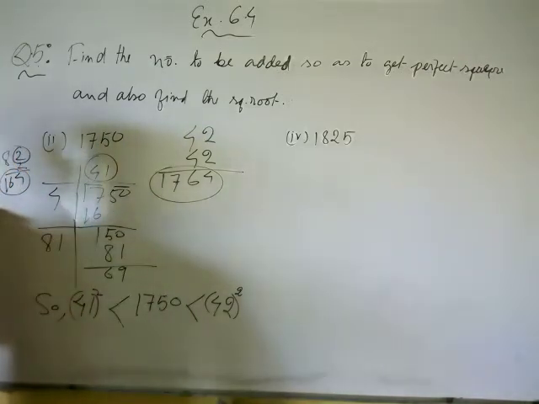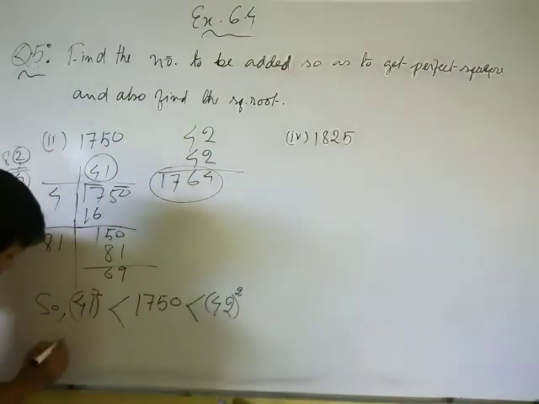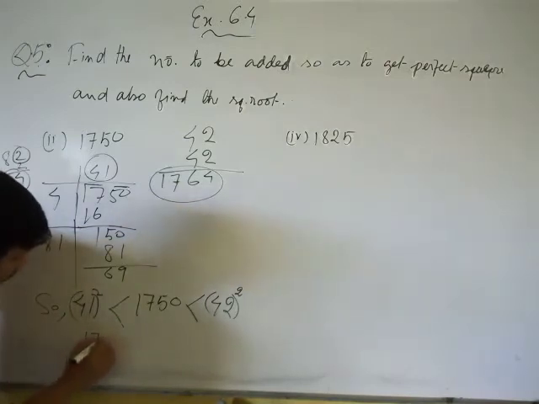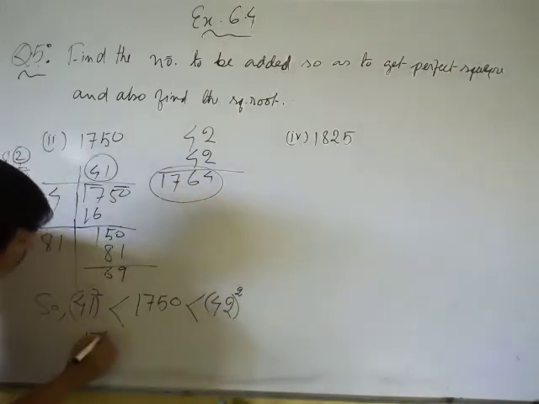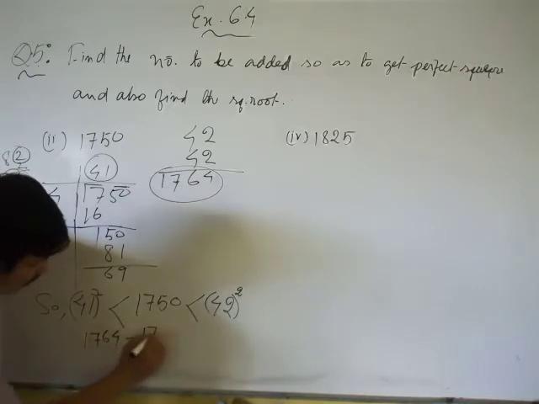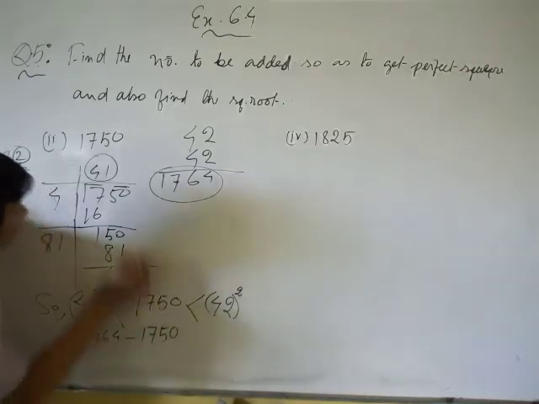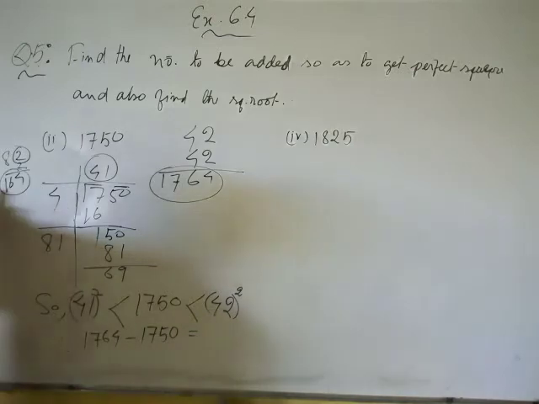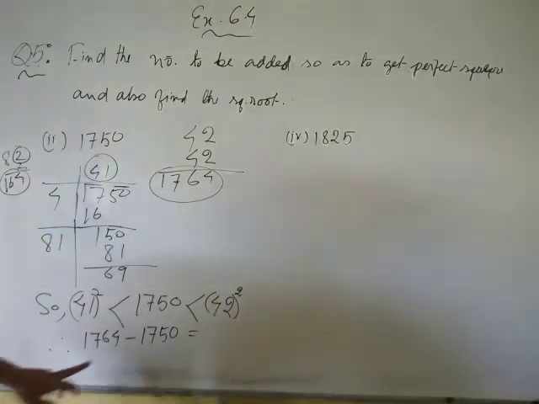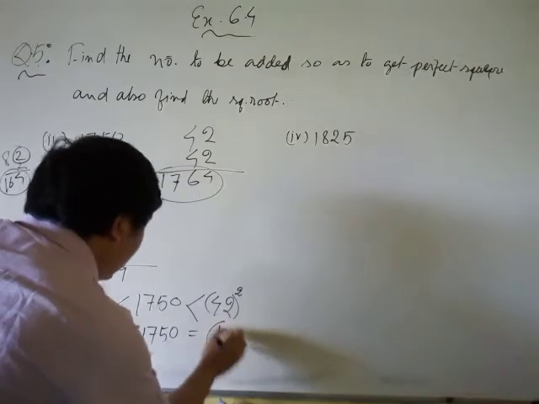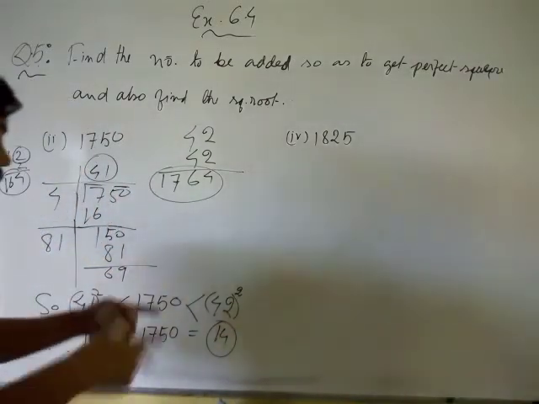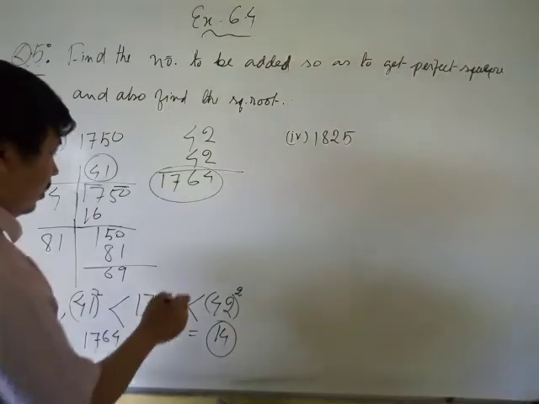Therefore, 1764 minus 1750. How much will we get? Just try to find out. That is 14. Now this 14 is the number to be added.